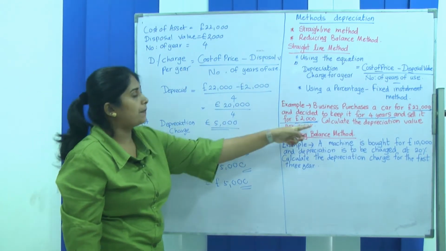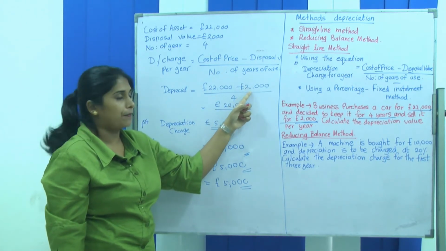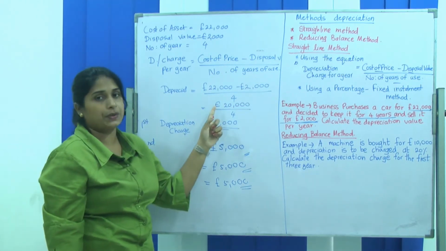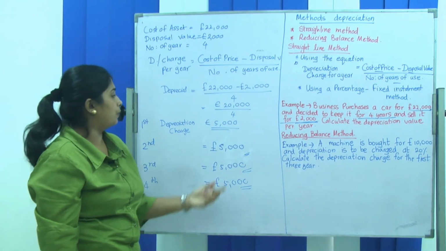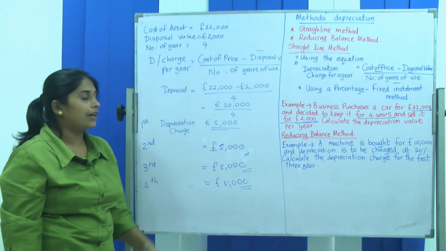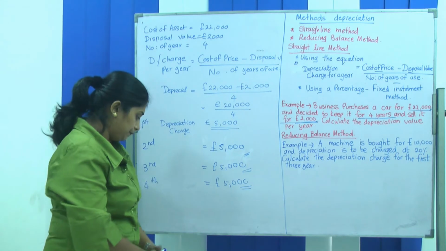If you substitute all those into the equation, 22,000 pounds subtract 2,000 pounds gives you 20,000 pounds. When you divide it among the 4 years, each year 5,000 pounds will be depreciated from the asset.